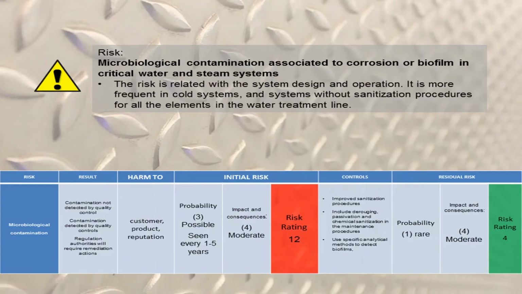Here we can see the evaluation of microbiological contamination associated with corrosion or biofilm in critical water and steam systems. The risk is more frequent in cold systems. However, I have seen bacteria growing in clean steam systems.